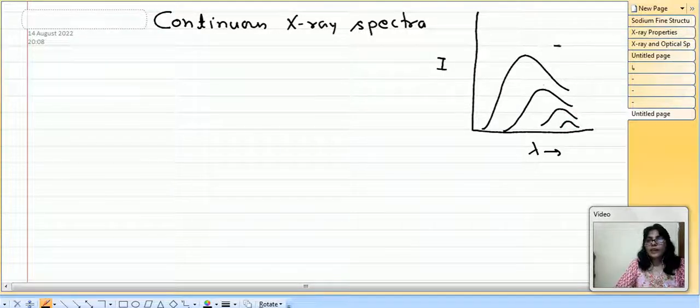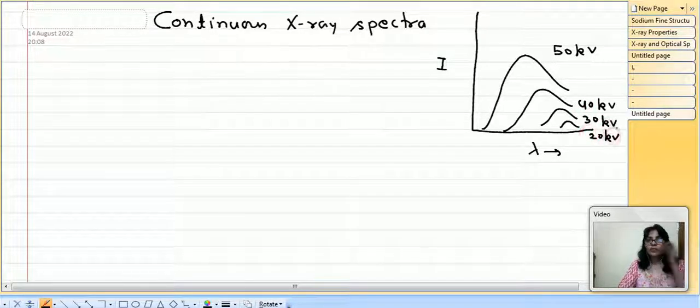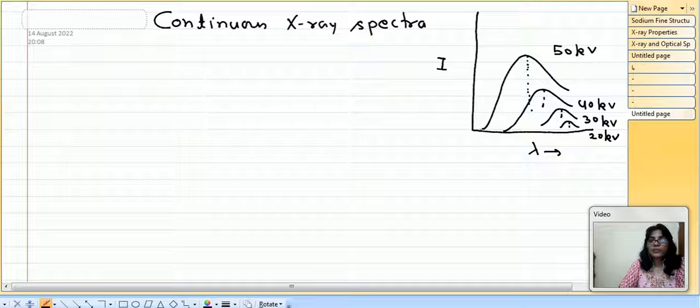Let us say this is at 50 kilovolt, then this graph is at 40 kilovolt, then it is at 30 kilovolt, and this is at 20 kilovolt. So these are the values of the potential difference applied in the X-ray tube. So what we see here, this is the value of lambda for which intensity is maximum, and this is the cutoff value for the lambda.